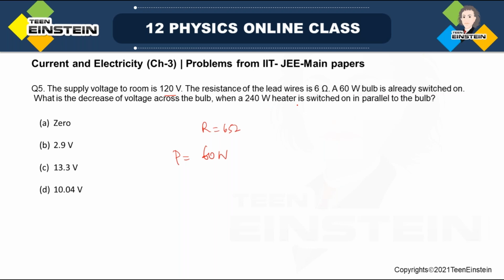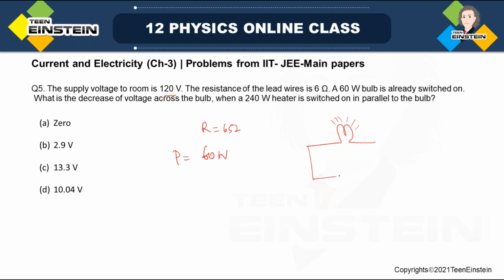when a 240-watt heater is used in parallel to the bulb? That means you already have a bulb, and it is on already.